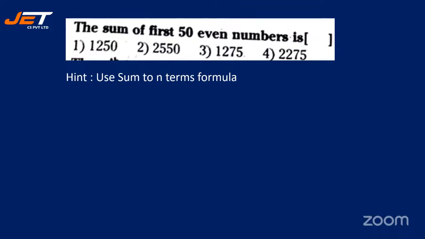S_n is equal to n by 2 into 2a plus n minus 1 into d. Isn't it? What is the sum to n formula? We already discussed it in the beginning. It is nothing but S_n equal to n/2 into (2a plus (n minus 1) d). So here we have S50.